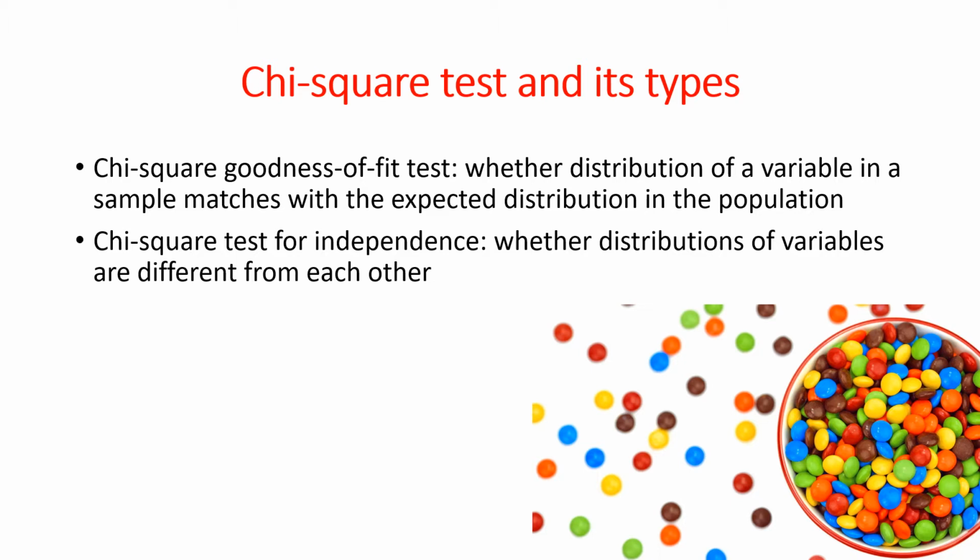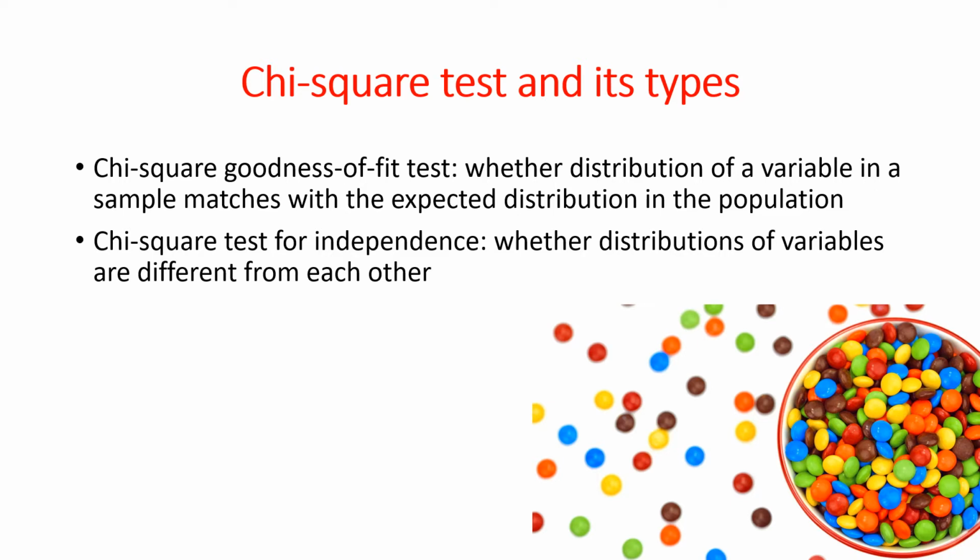But if you have, for example, two variables which are also categorical, you want to look at the relation between these two variables, you can use a different type of chi-square test, which is called chi-square test for independence, or some people also call it chi-square test for association.